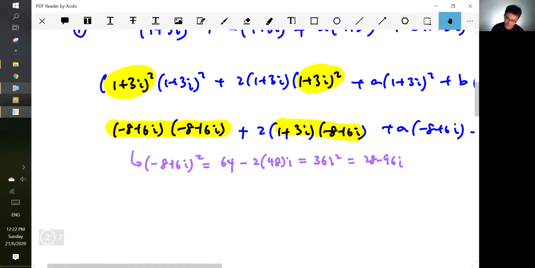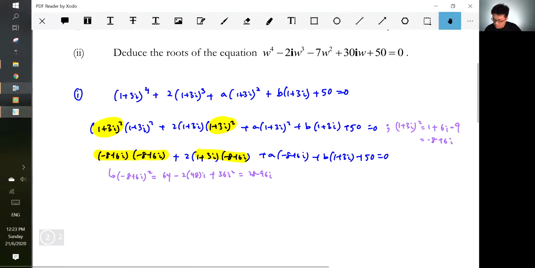You just act as if you never used a calculator, but you actually did. Then for this one, same thing.